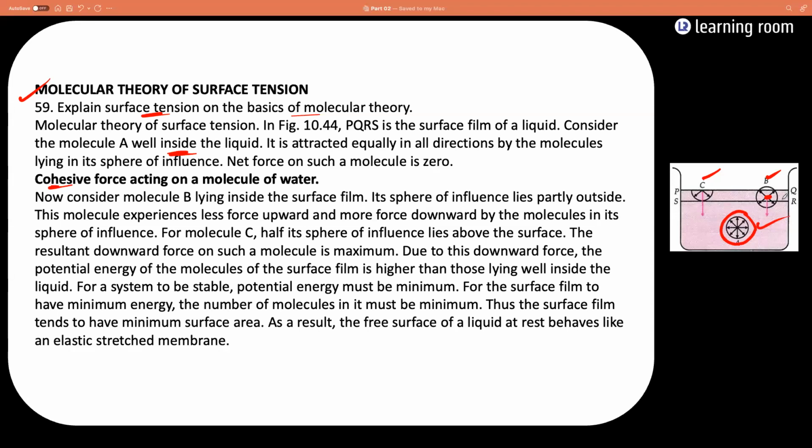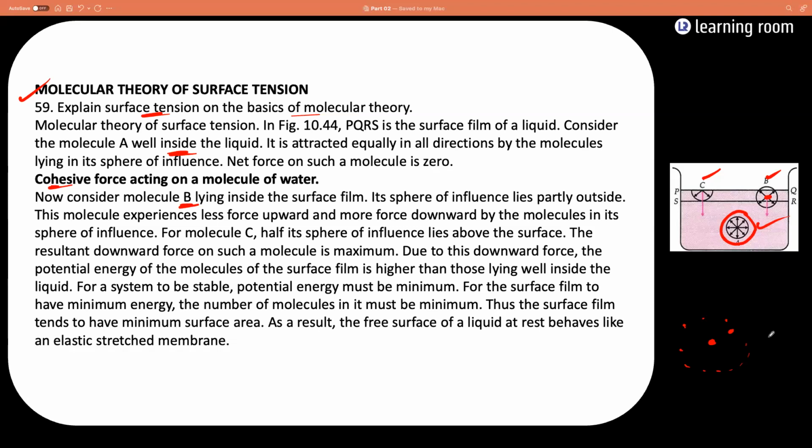See, what were we discussing? Now, if you consider a molecule B lying below the surface of the film, then every molecule that you consider is going to attract the other molecules in its neighborhood. You're able to understand what I'm trying to say? Every molecule will be able to attract the other molecules in its neighborhood in three-dimensional space.